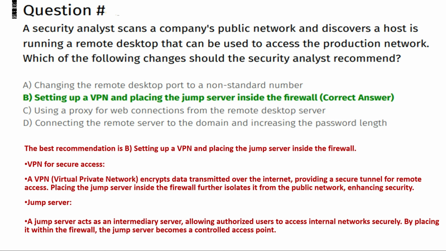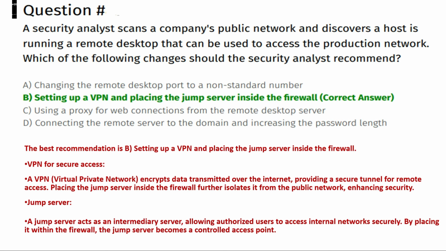And the correct answer for this question is option B, setting up a VPN and placing the jump server inside the firewall. So let's check the explanation. So VPN for secure access, a virtual private network encrypts data transmitted over the internet, providing a secure tunnel for remote access. Placing the jump server inside the firewall further isolates it from the public network, enhancing security.